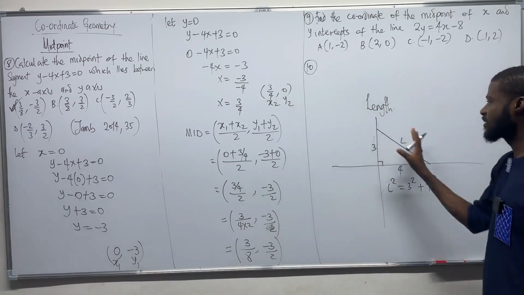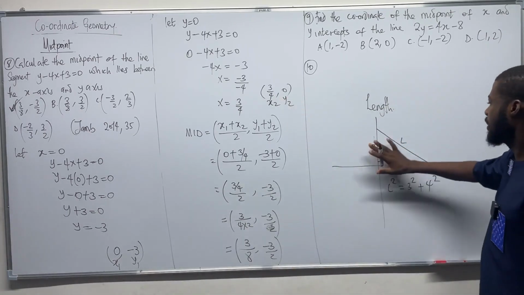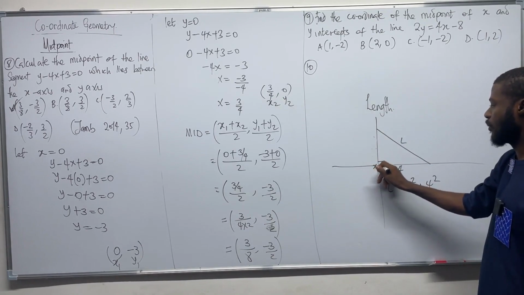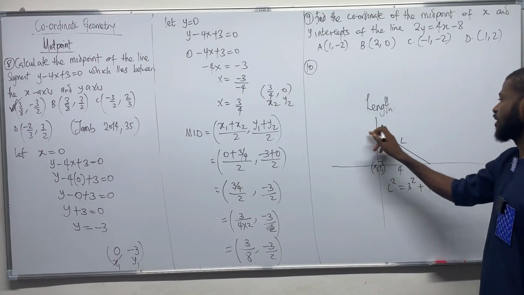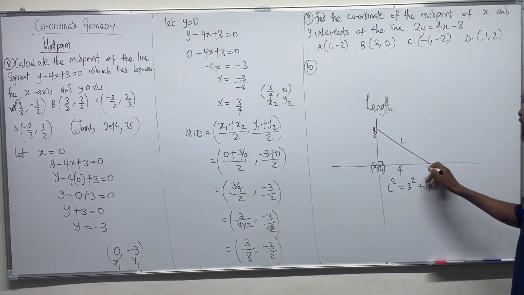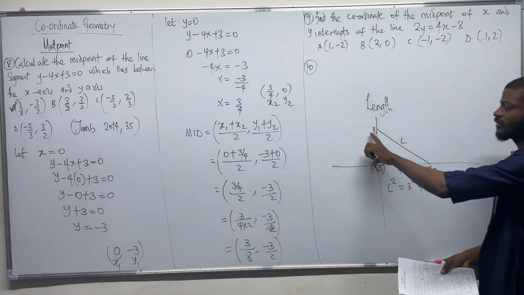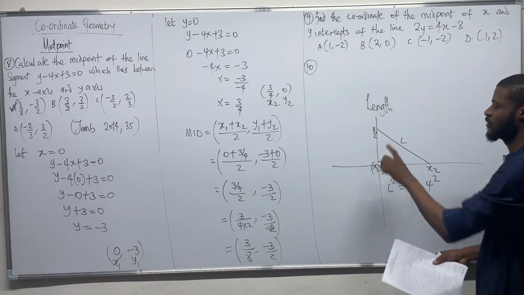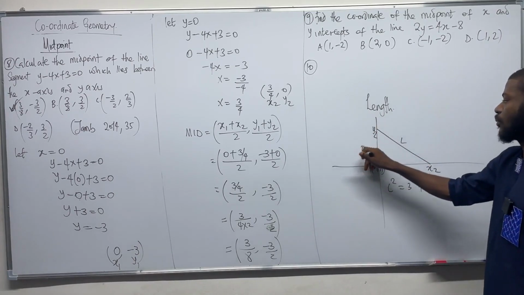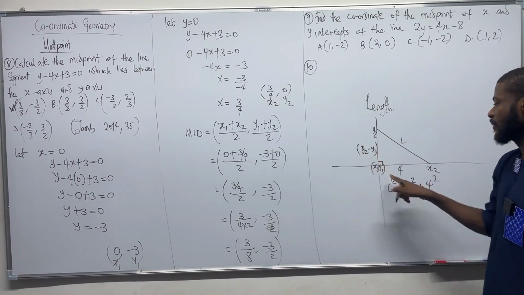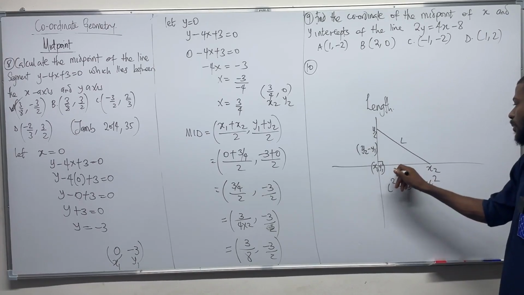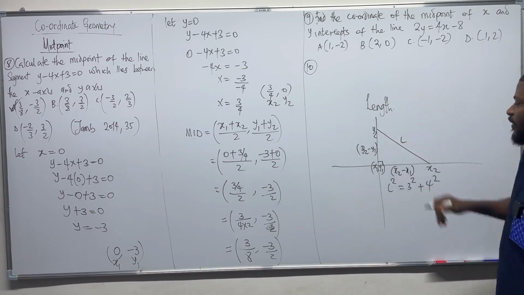So let me make this involve our x and y now. So this very 3, imagine this point was x1, y1, which is our origin. Then this is y2, then this is x2. The difference between these points, we've done this before, this is your rise. The difference between these 2 points is going to be y2 minus y1. The difference between these 2 points is going to become x2 minus x1. Then let me call this one the length. So what would we do?